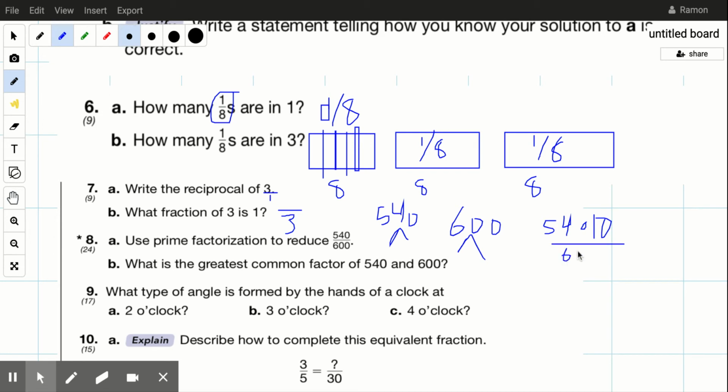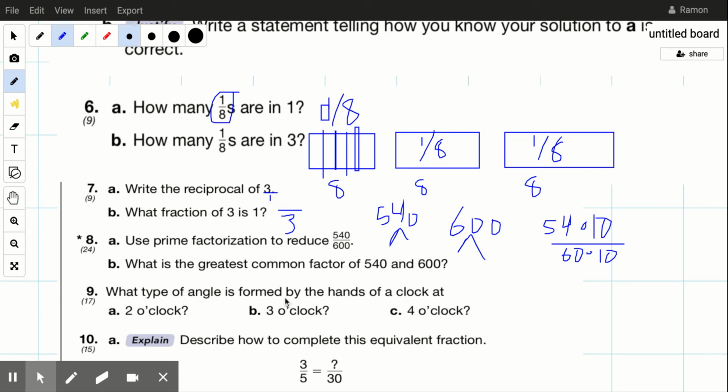Just remember that you're going to factor it all the way, and then eliminate the common prime factors and then simplify. What is the greatest common factor of 540 and 600? From there, you just need to find the prime factorization of 540 and of 600. Once you've done that, you're able to find all the common prime factors and multiply them.